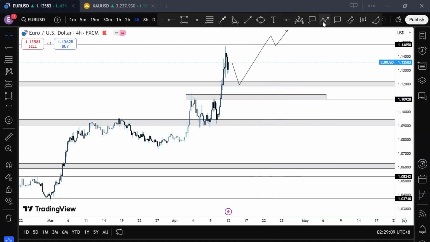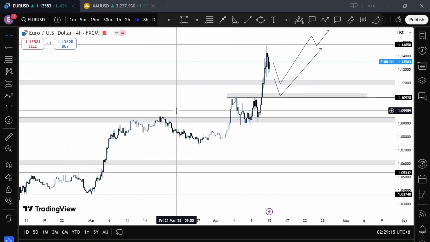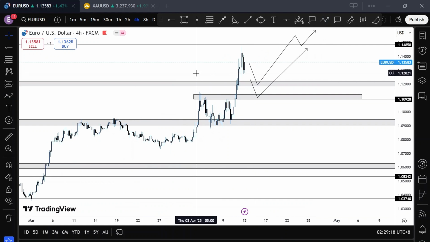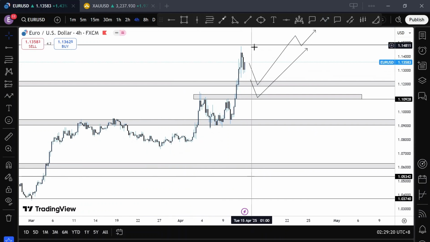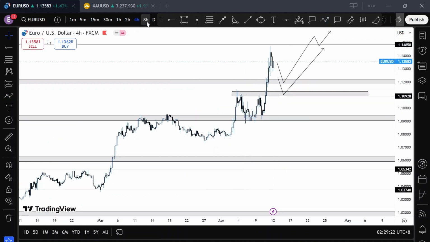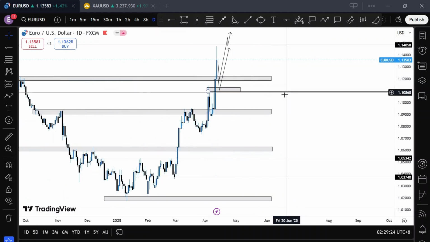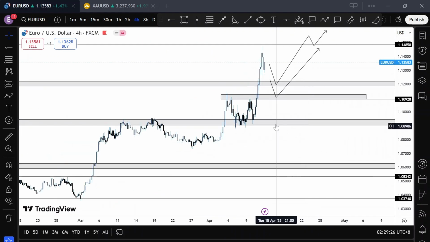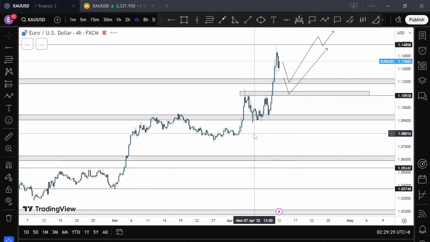Also then we would want to see possible price dropping into these regions before continuing to the upside. So this is what I'll be looking out for here on Euro USD. Similarly, if price just continues at market open and creates new highs, then we would look for a better entry maybe by Wednesday. Okay, that's that for Euro USD.